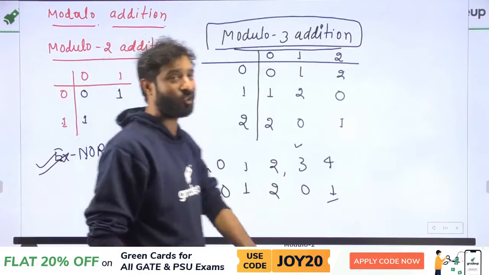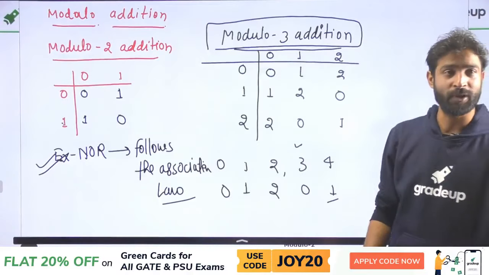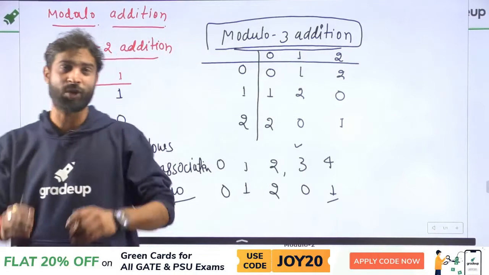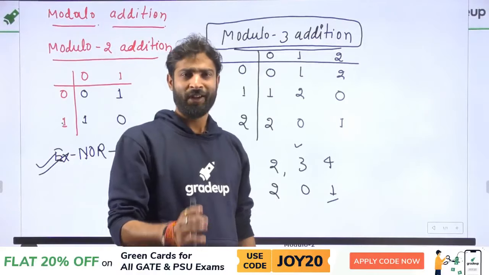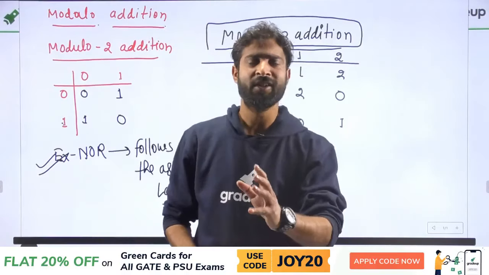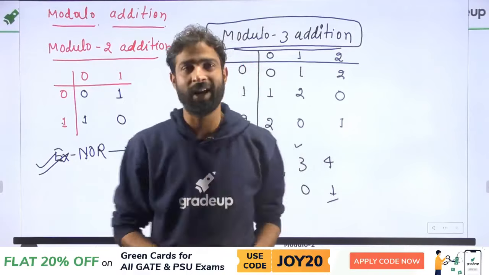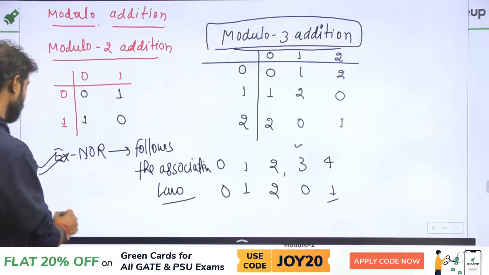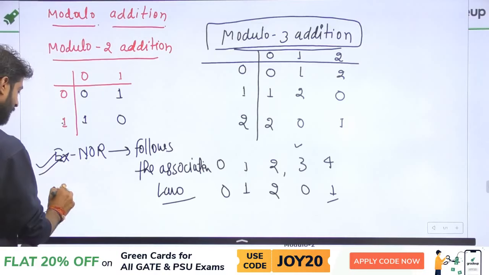XOR and XNOR both follow the associative law, right? So Smriti, Anu, everybody is giving the answer no, but the answer is that XNOR follows the associative law, right? That's why in every place we are writing A XNOR B.